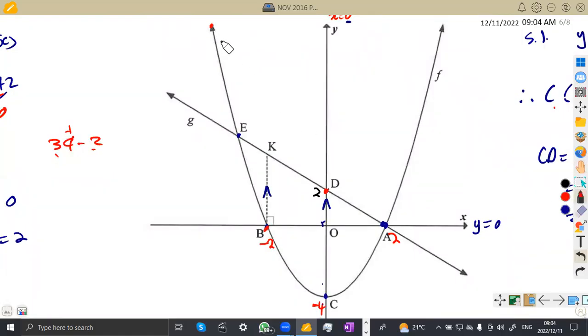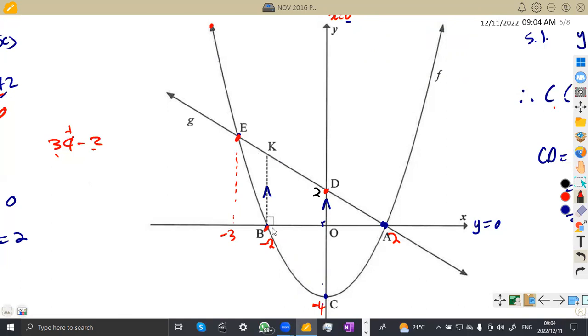Our f of x here is above g of x up to the point E. Remember our point E, we said x is equivalent to -3 here. All right, so at point E, they are equal. But as you can see, just moving from E, the f is now below the graph of g.